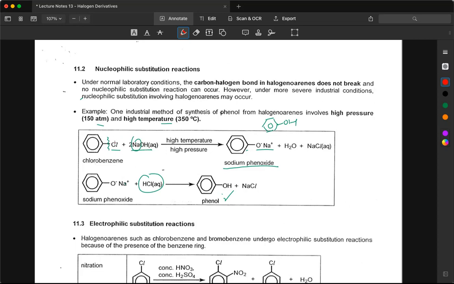The ONa substitutes the chlorine to form the sodium phenoxide. Then after that, this sodium phenoxide reacts with HCl to form back the phenol. So it actually neutralizes.